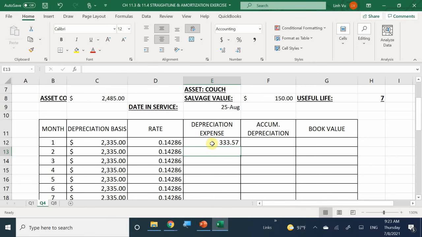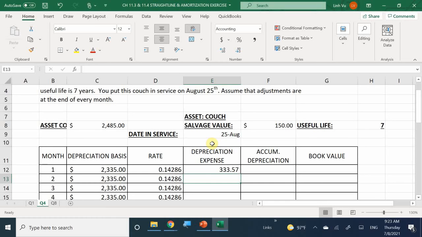So you're solving for the whole year or a partial year. What did I actually ask you to do? We're doing depreciation expense for the first year, right?